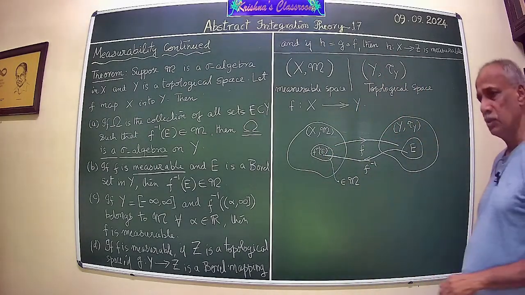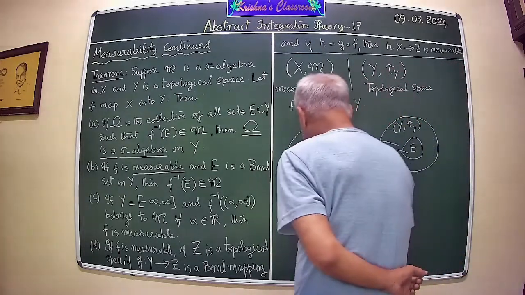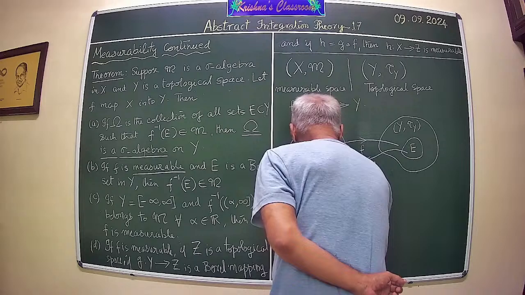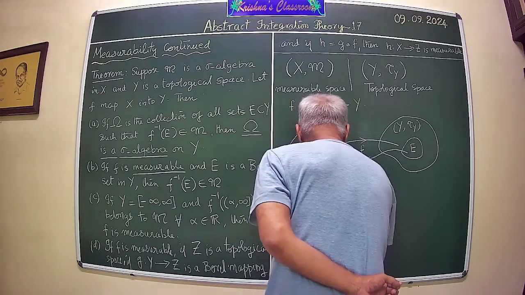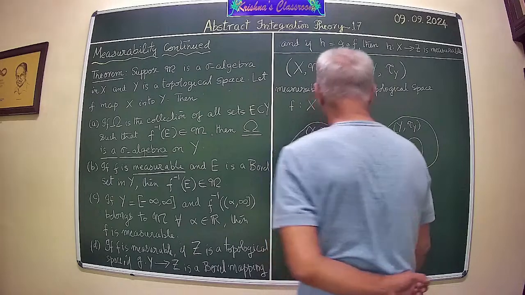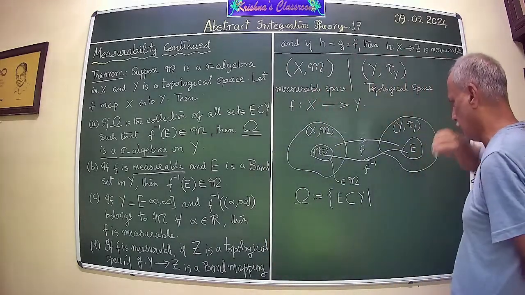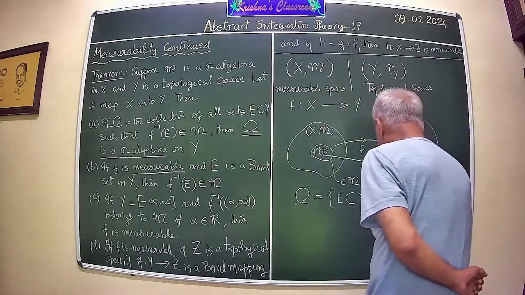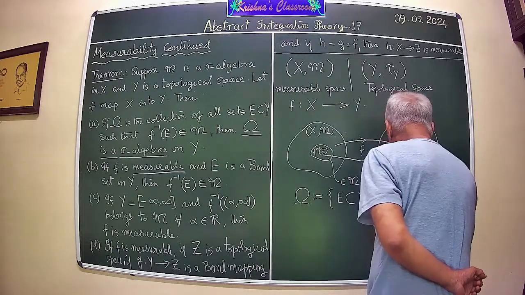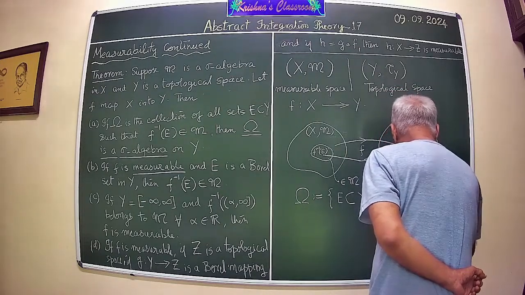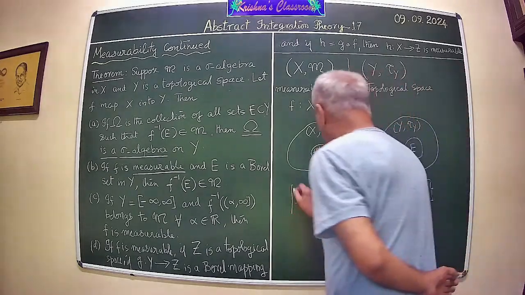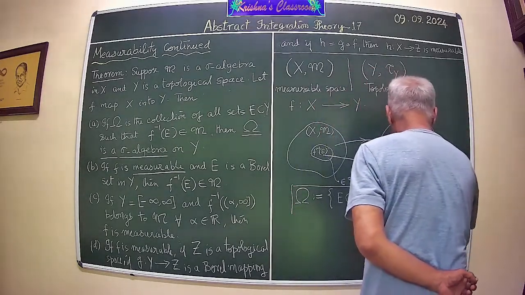Okay. So our claim is the following. So let us look at this set. Omega is defined as the set of all E contained in Y such that, now this is the crucial set that we consider.